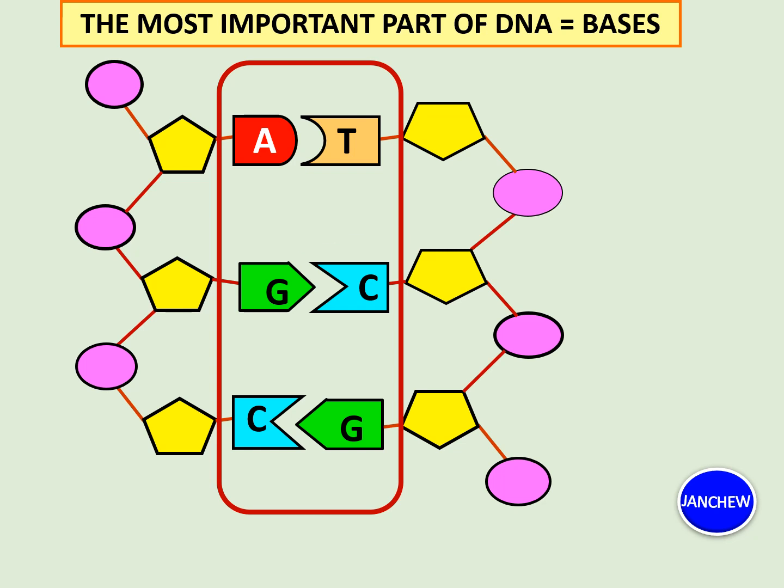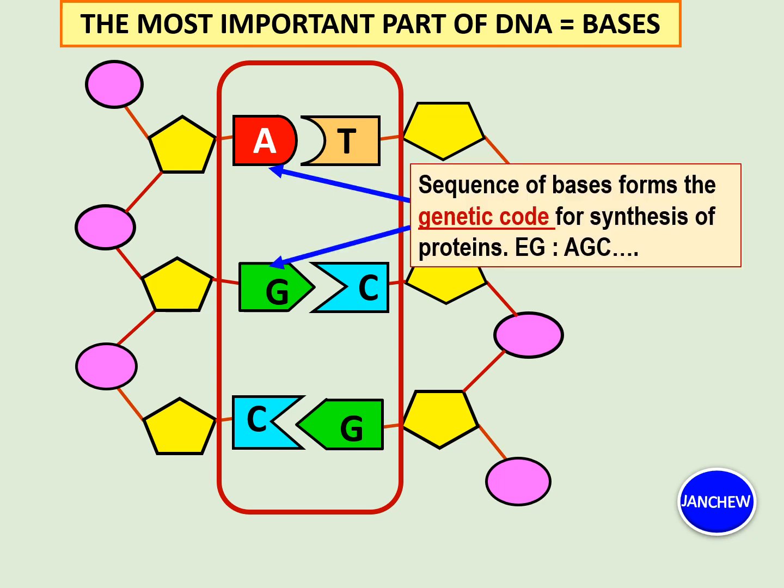The sequence of bases, for example A, G, and C, forms the genetic code for the synthesis of proteins. So AGC may represent an amino acid that must be used in the formation of a specific protein.